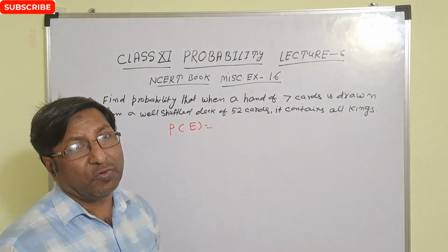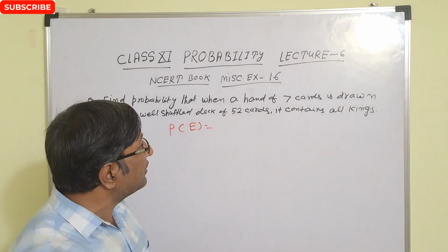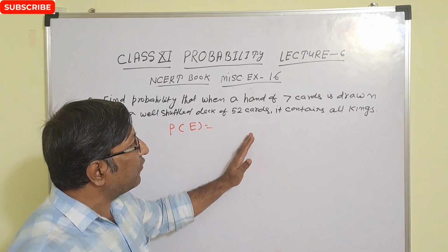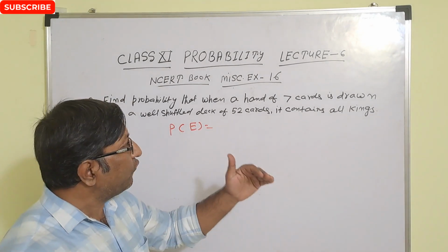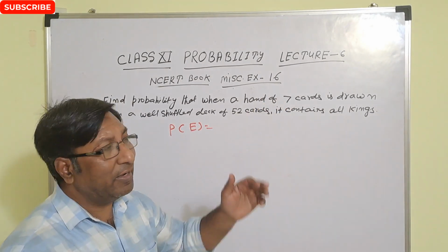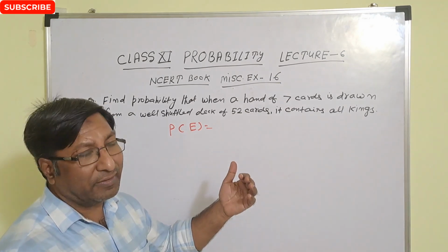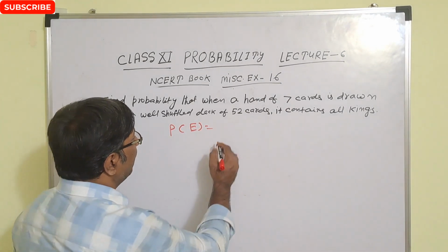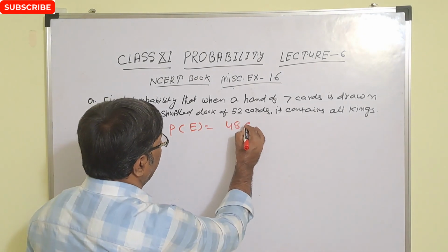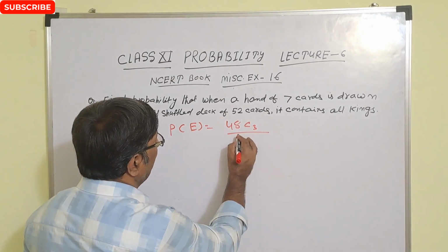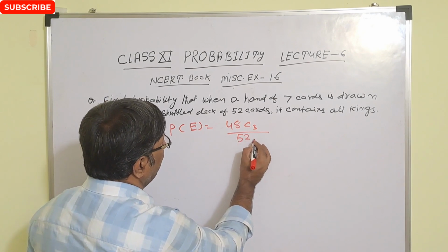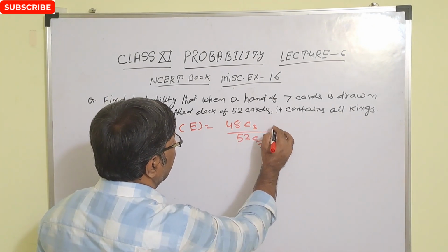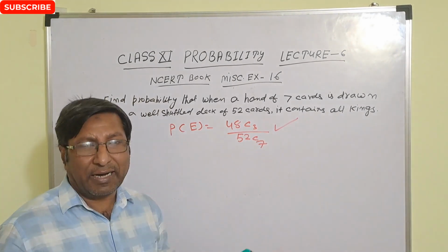In 52 cards, the total number of kings is 4, so total 4 kings and there are 7 cards. So we need 3 more cards, from the remaining 48. So favorable outcome is 48C3 and total outcome is 52C7. So this is the correct answer.